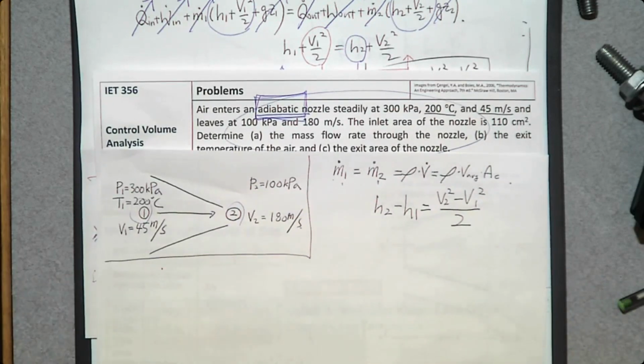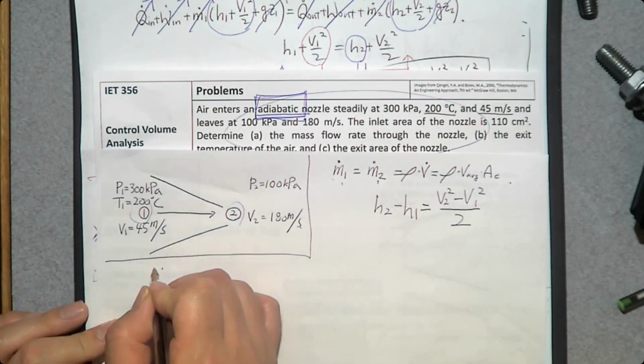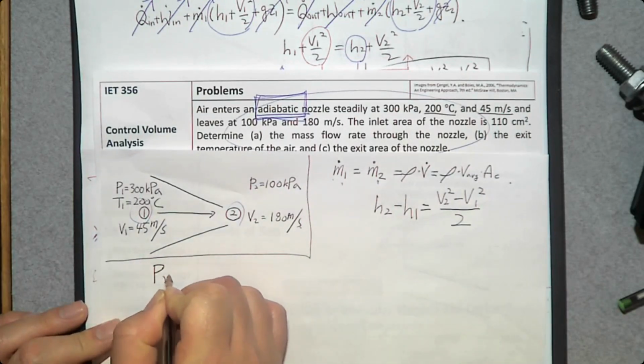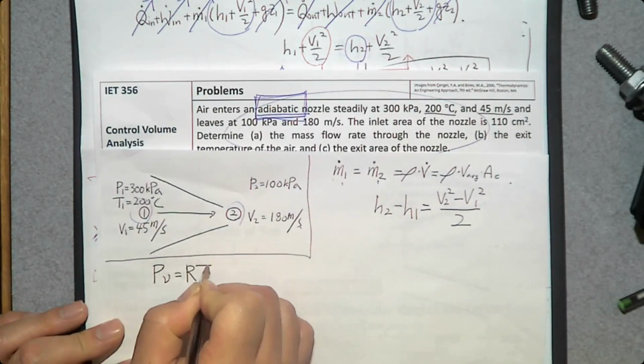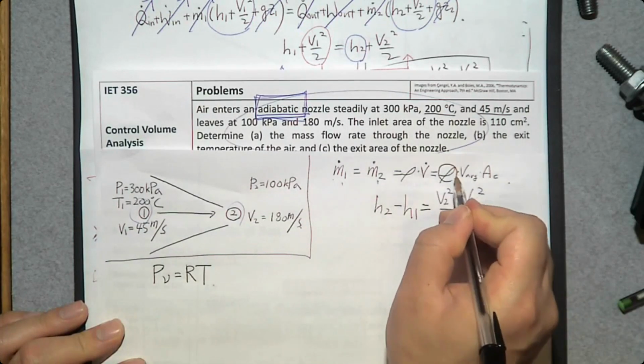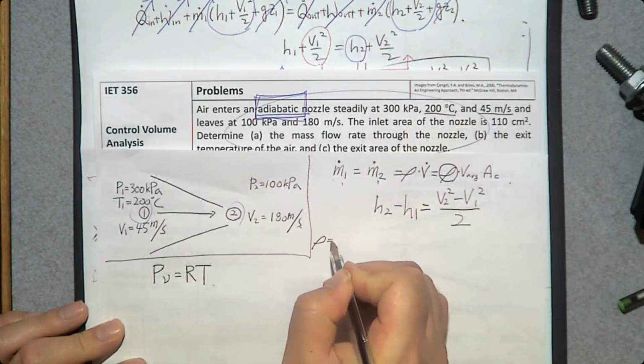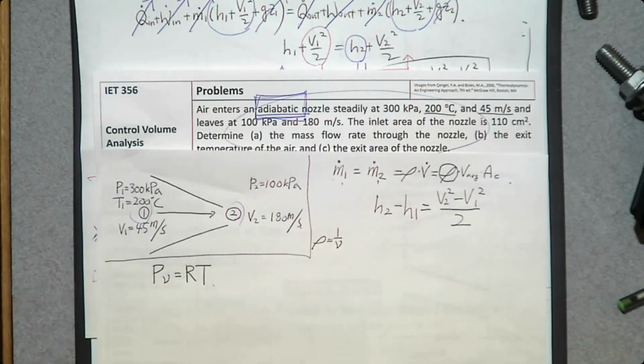What equations did we study in chapter 3? The table, ideal gas, specific heat. Among them, anything has V? Yes, ideal gas. So what is the ideal gas equation? PV is RT.